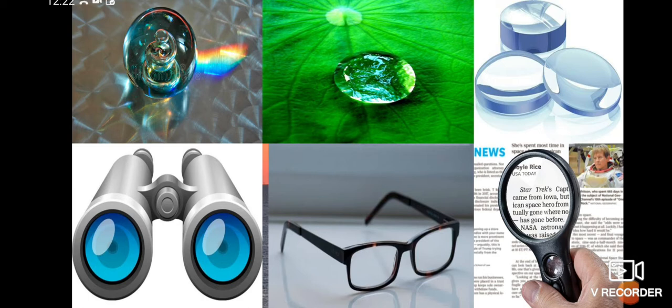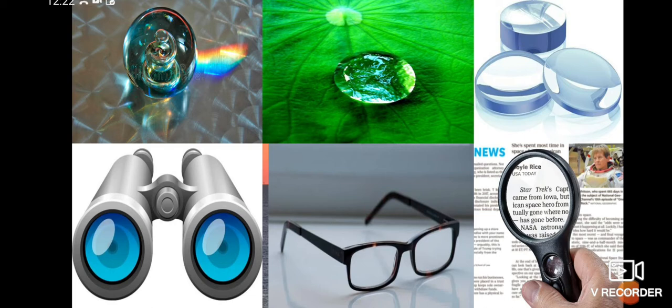Yes, they are transparent. Are they plane surfaces? No, they are curved surfaces. So today we are going to discuss the refraction of light at curved surfaces. We are going to learn how the refraction of light takes place at curved surfaces.